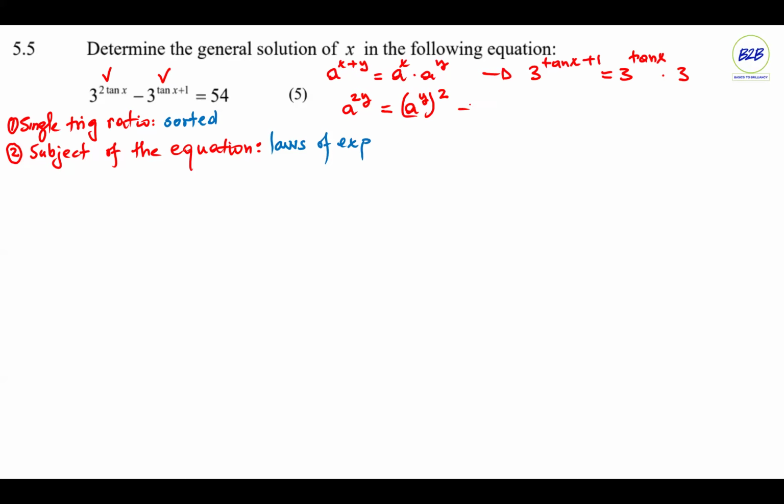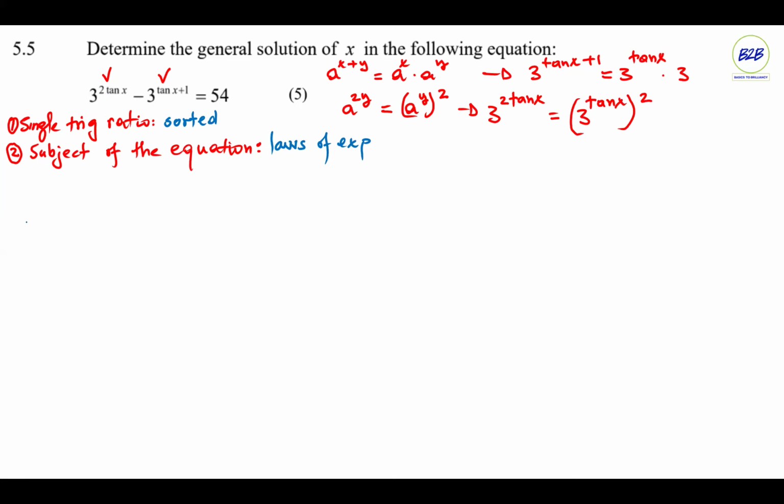So similarly, 3 to the power 2 tan of x can be rewritten as 3 to the power tan of x, all to the power 2, right? So that is how we will deal with the first term.